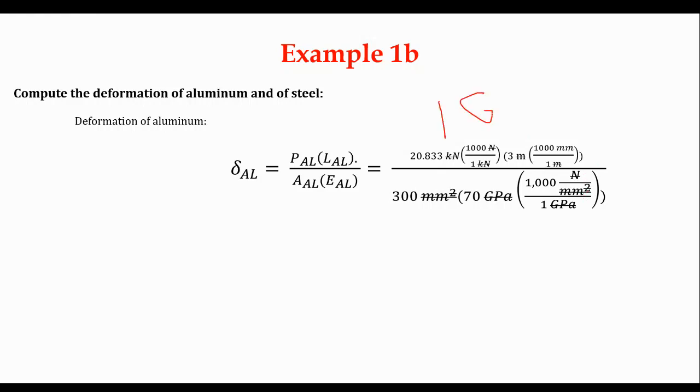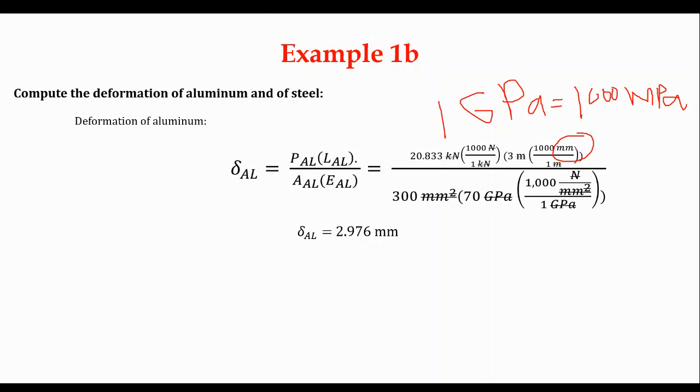So 1 gigapascal is equal to 1,000 megapascal. Okay, this is from the review of units in our first lesson, so don't forget it. So we can cancel the Newton, we can cancel the square mm, and cancel the gigapascal. What remains is the unit of length, because it is a deformation.